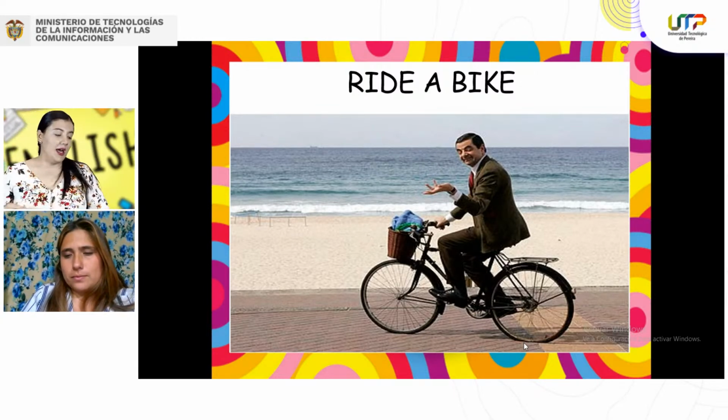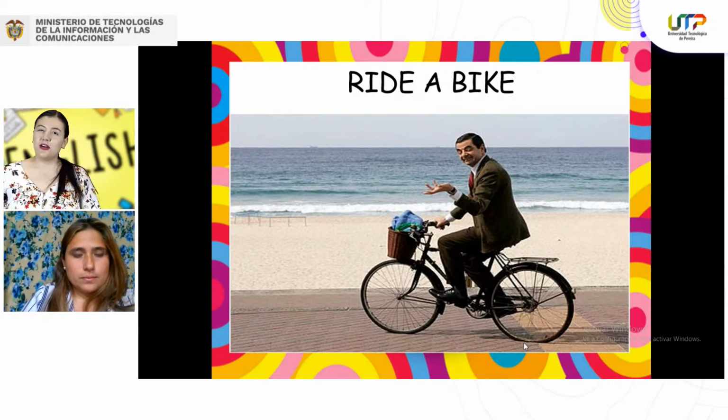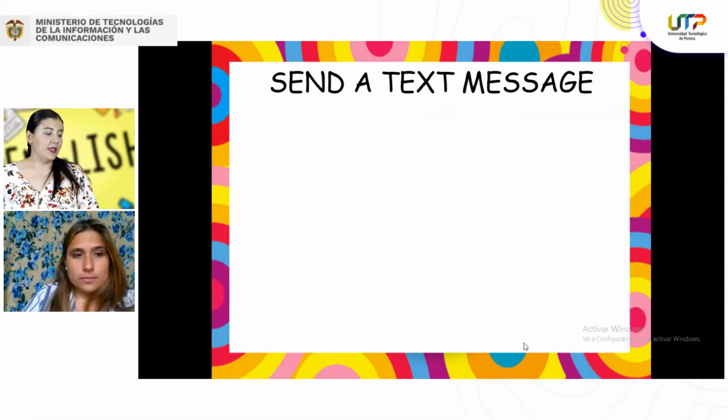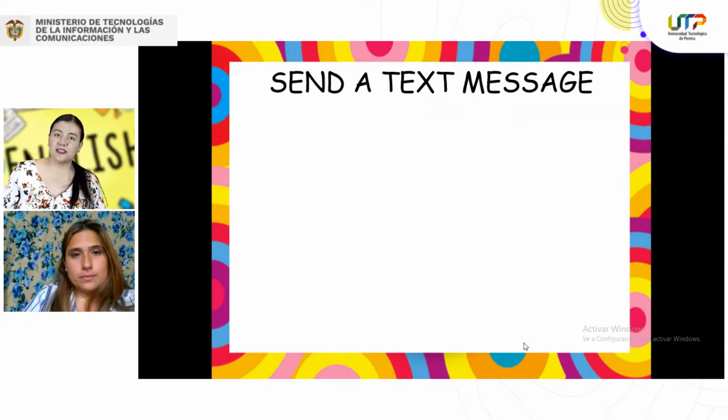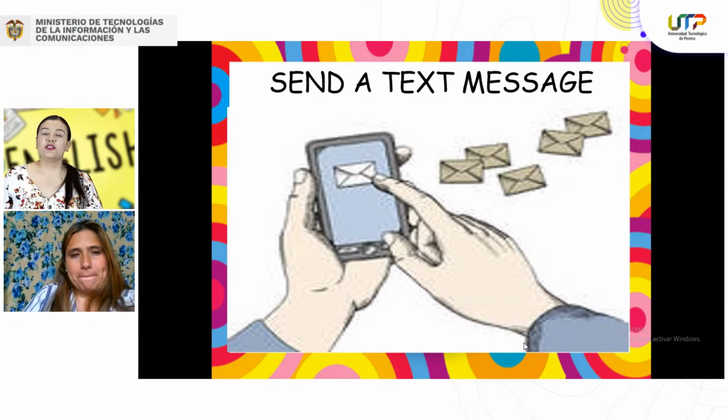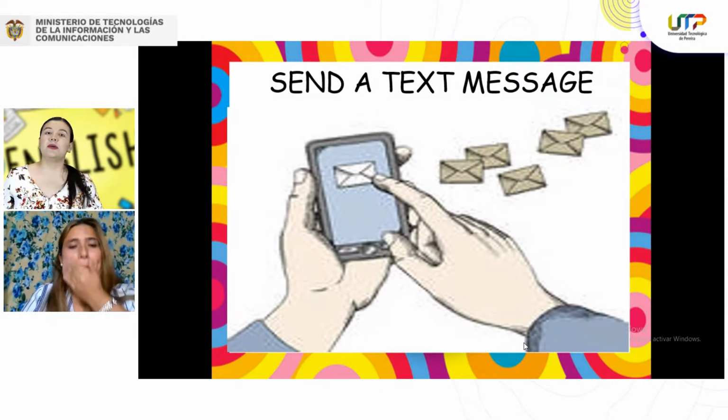Excellent. Ana, I also can see your comment, right? Ana Palacio, Mr. Bean usually rides his bike. Very good, Ana. Excellent. Now, this one, send a text message, yeah? It is literally what we do with WhatsApp, right? So we all the time are sending text messages through WhatsApp.